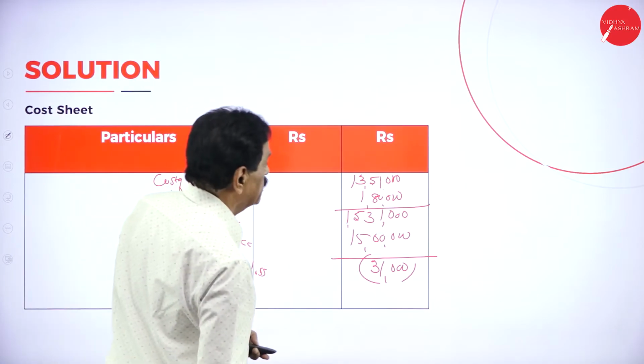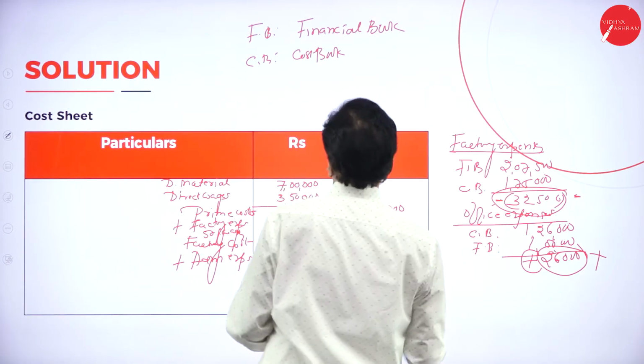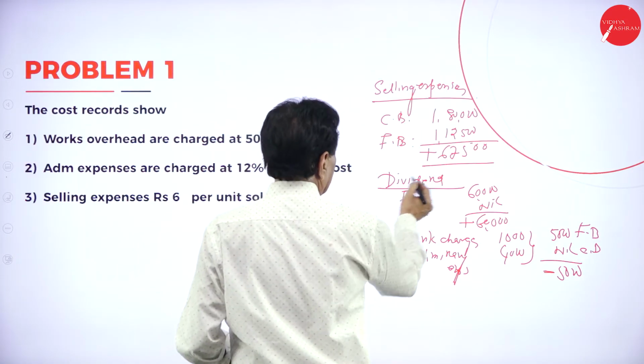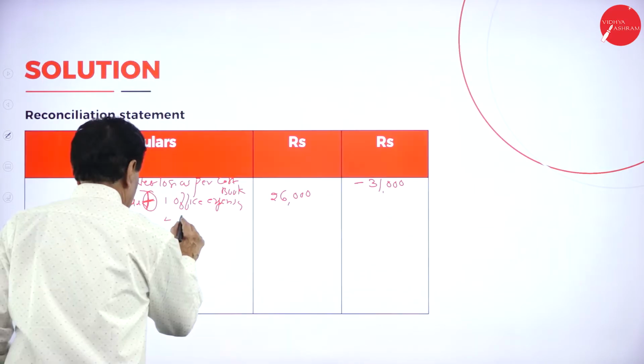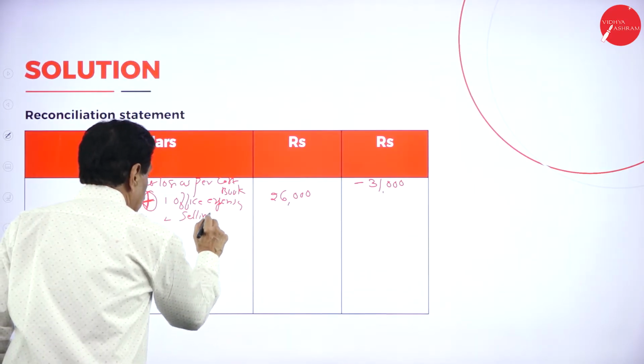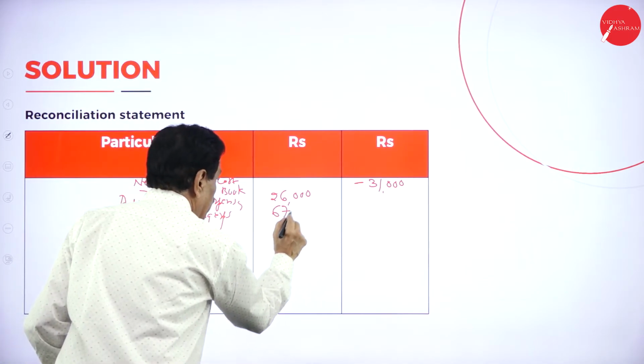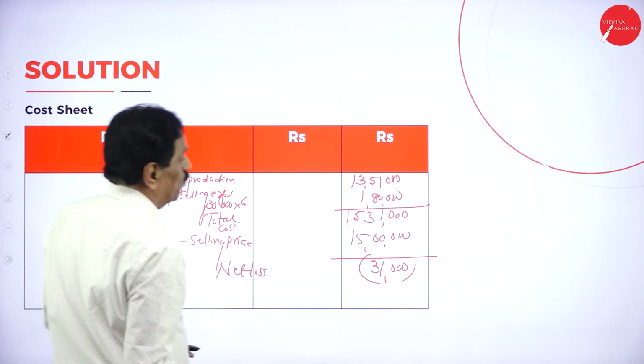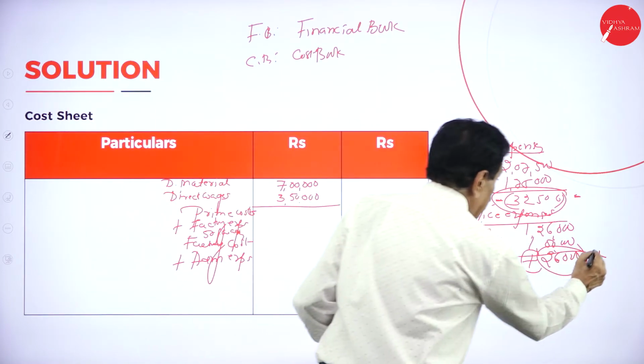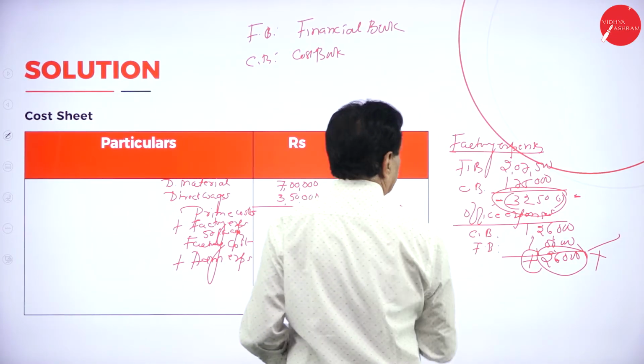Number two, what is next one? Selling expenses, 67,500. This is over. This is minus.